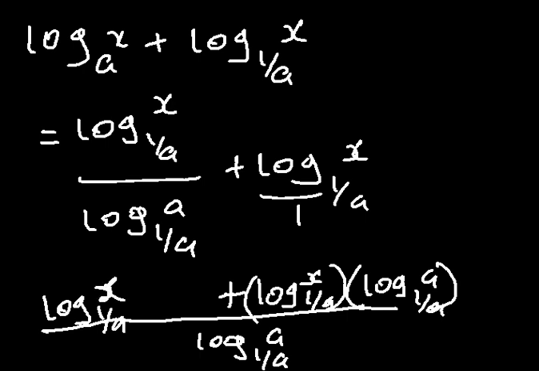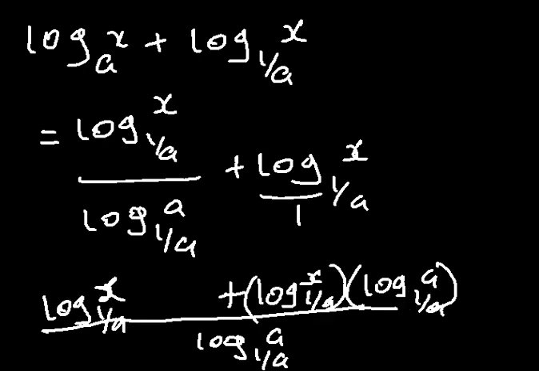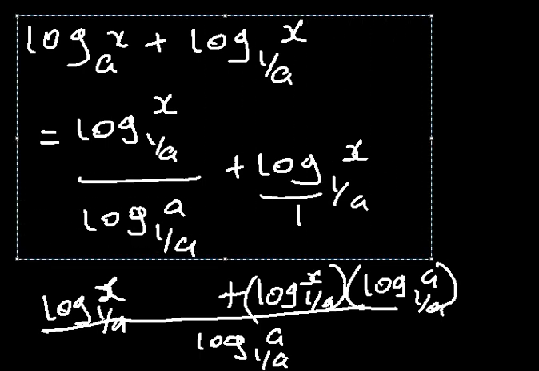Now there is no property that actually tells us how to simplify this. Therefore, as you can see on the numerator, we have a common factor. What is that common factor?